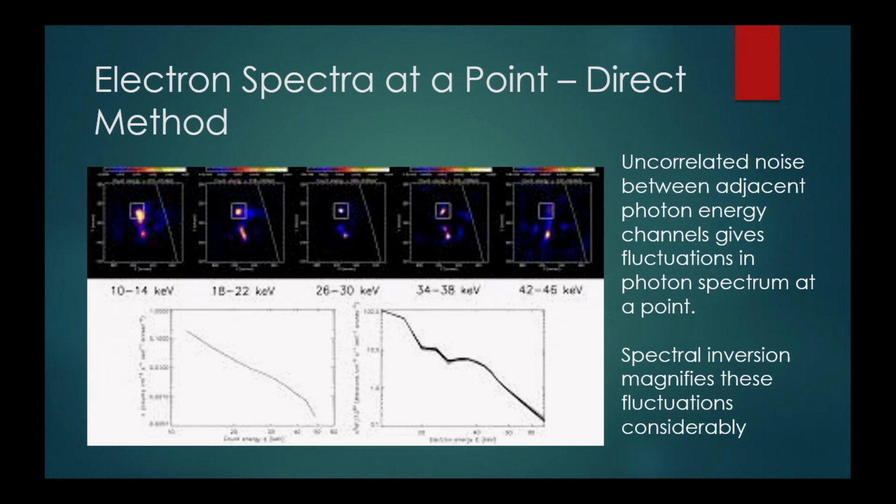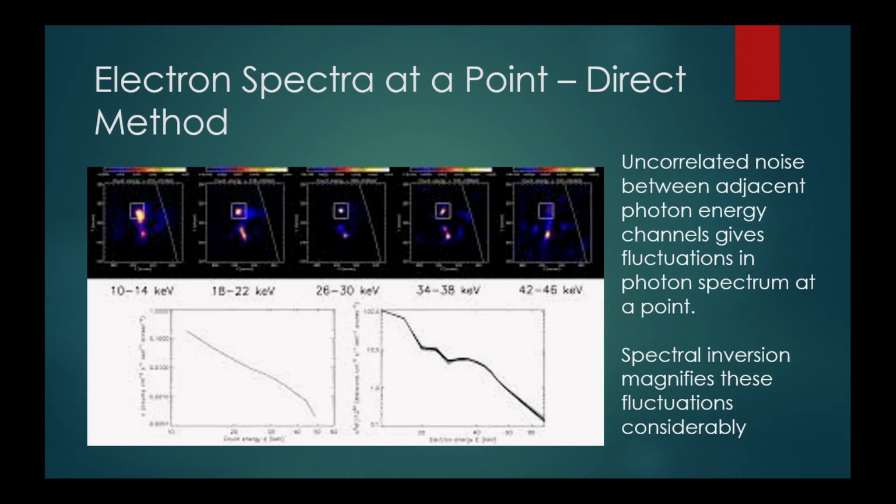Then we look at this little interesting region on a square, and I know the photon flux between 10 and 14. I know the photon flux between 18 and 22. I can get a photon spectrum at that point, and it looks like this. But if you remember the blind inversion problem, photon spectra that look remarkably similar can yield electron spectra that are remarkably different.